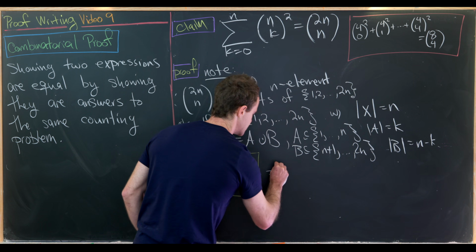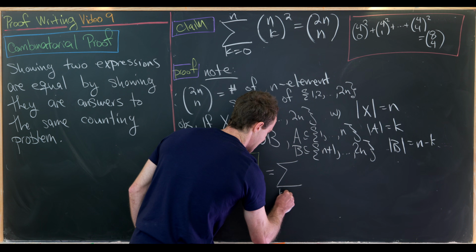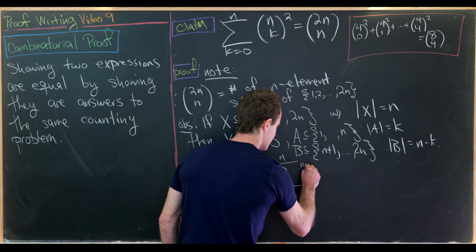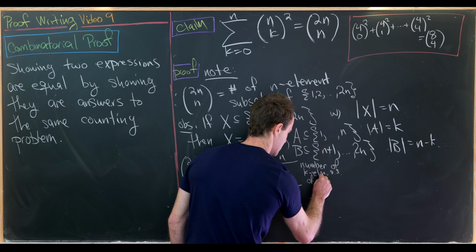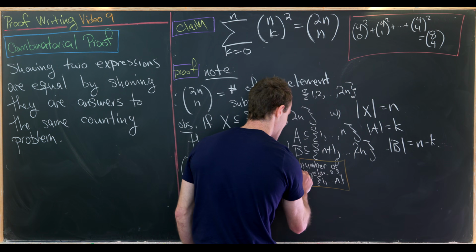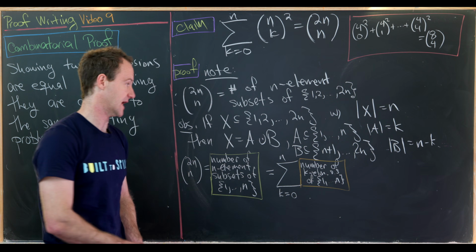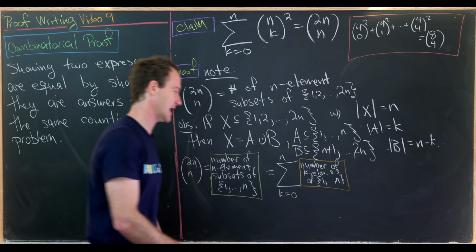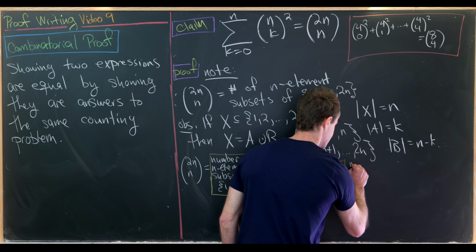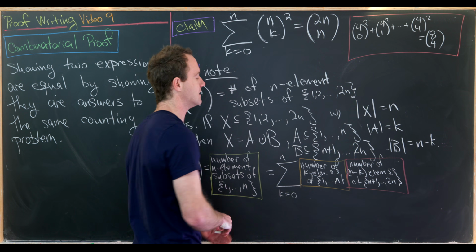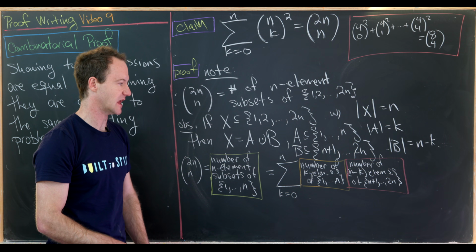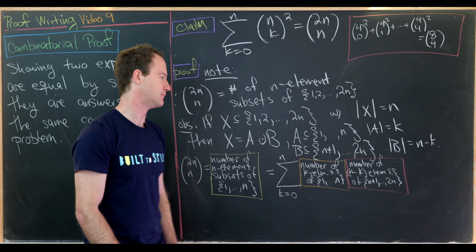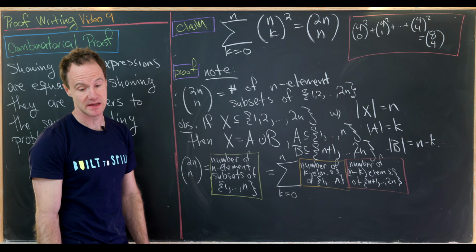But that'll be equal to the sum as k goes from 0 to n of the number of k element subsets of 1 to n. That's like deciding the number of ways to choose this subset A, and then times the number of n minus k element subsets of n plus 1 to 2n. That's like choosing the number of ways that we can pick this subset B.